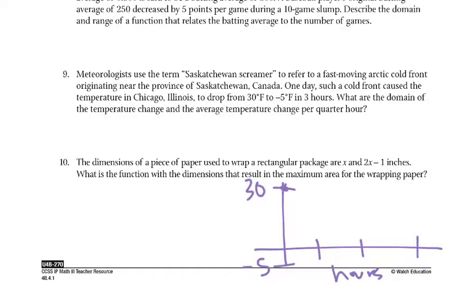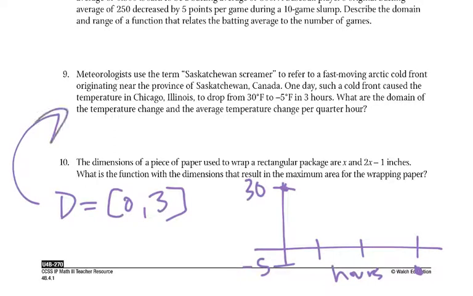After 3 hours, we went down to -5. Okay. The domain would be 0 to 3. And this is actually for number 9. Okay. And then what would the temperature change be? Well, it would be -35 over 3.